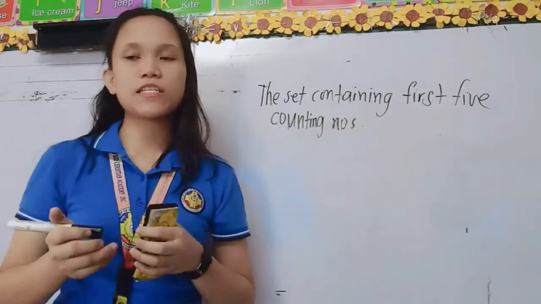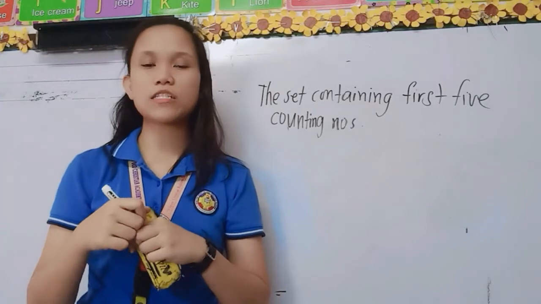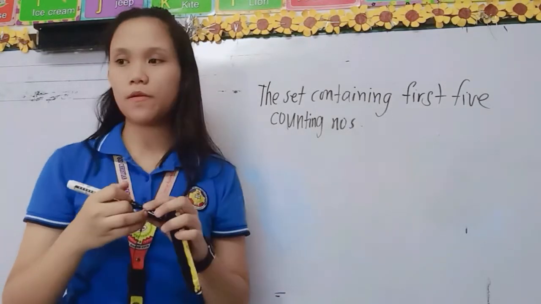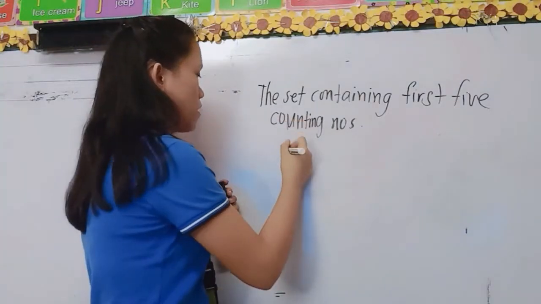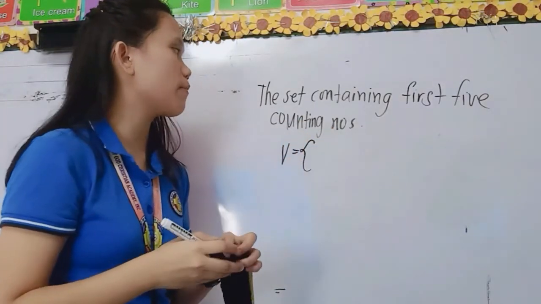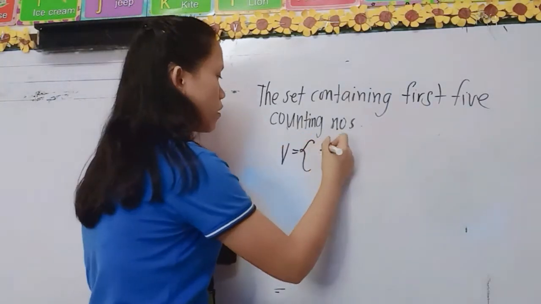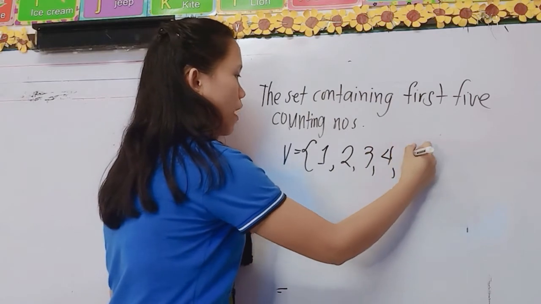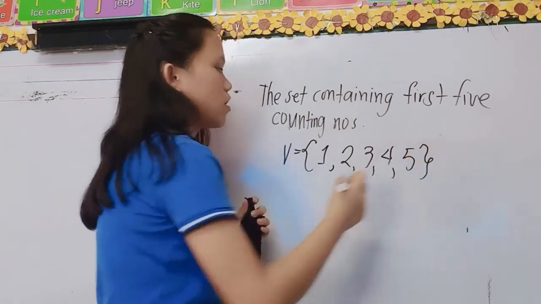In naming a set, you can use any letter as long as it is written in a capital letter. For example, letter V. Set V is equal to, what are the counting numbers? The first 5 counting numbers: 1, 2, 3, 4, and 5. This is written using roster method.